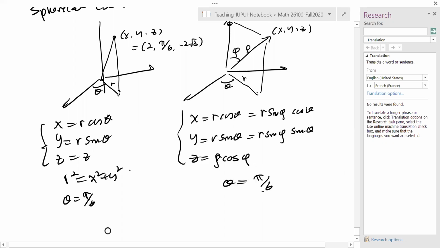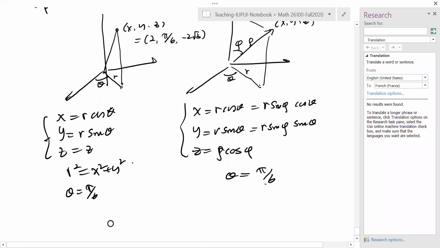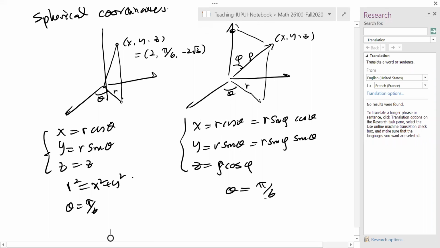Okay. And r is 2. So how can we figure it out quickly, right? So r is 2. What is rho? Rho is this distance, right?